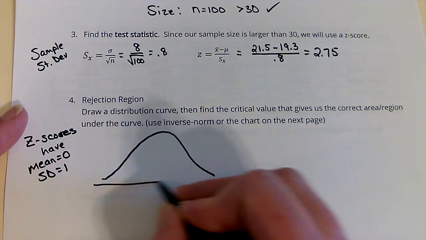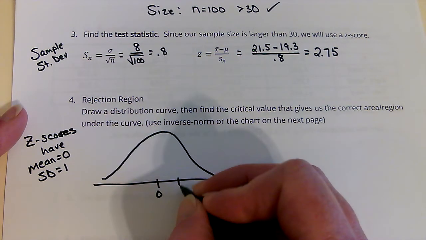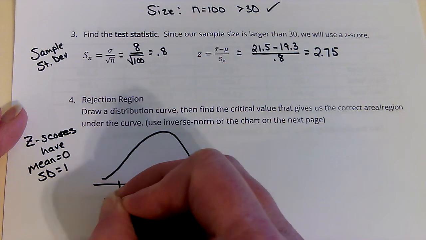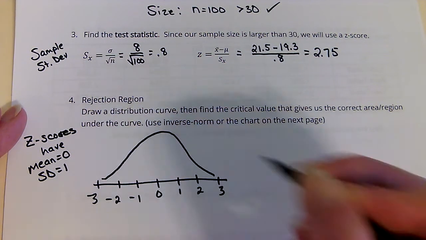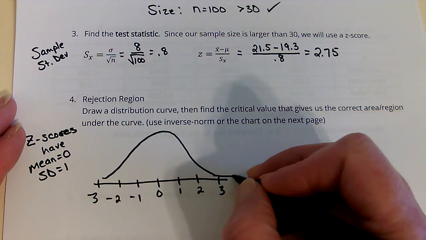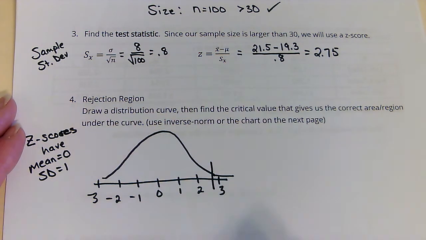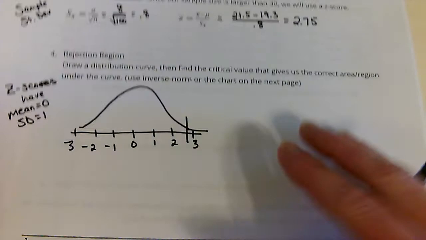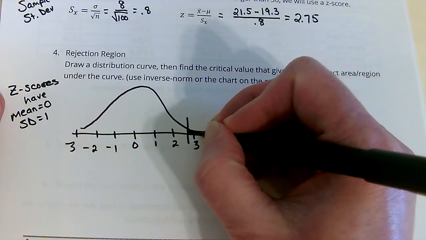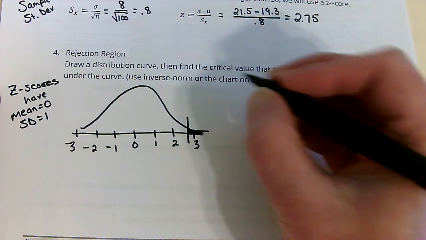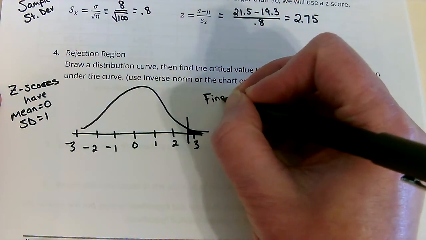So 0, 1, 2, 3, -1, -2, -3. So 2.75 would be here. And we are doing a right tail test, greater than, right tail. So we are wanting to find this area.